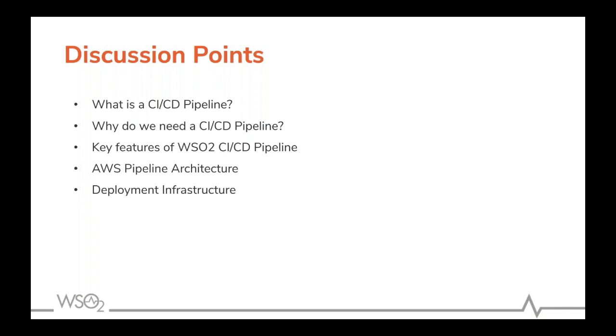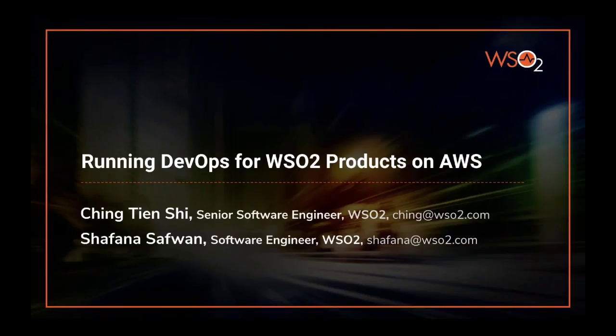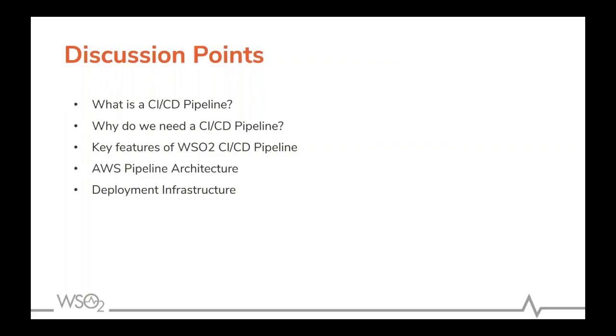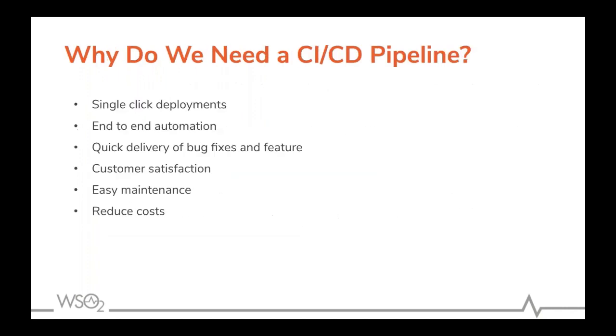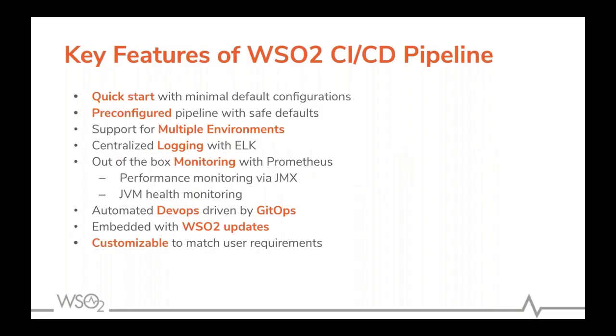So, just to recap on everything you have been going through in the webinar, let me give you a quick recap. Starting point, we went through what a CI/CD pipeline is and why you need it, also the architecture and everything. Let me highlight the main features of the WSO2 CI/CD pipeline.